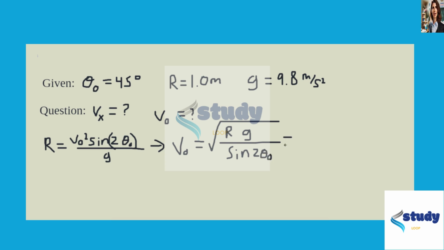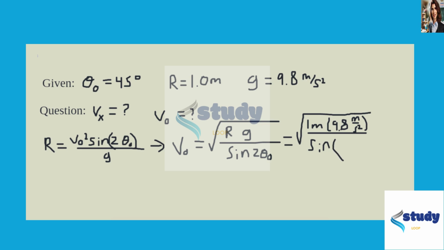So if we plug in all the values that we have here, this is equal to the square root of R, which is 1 meter, times gravity, 9.8 meters per second squared, divided by sine 2 theta. Theta is 45, so sine 2 theta is the sine of 90 degrees.